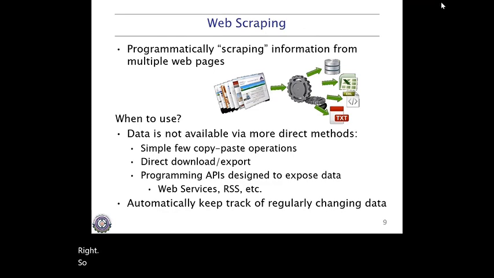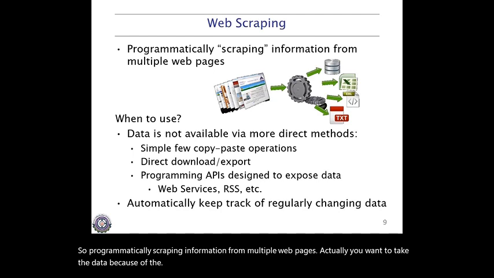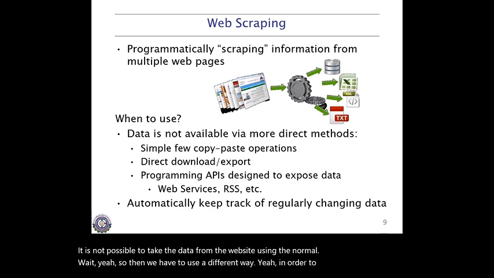So web scraping is programmatically scraping information from multiple web pages. Actually, you want to take the data, but with the normal way it is not possible to take the data from the website. So then we have to use a different way in order to extract the data from the website.